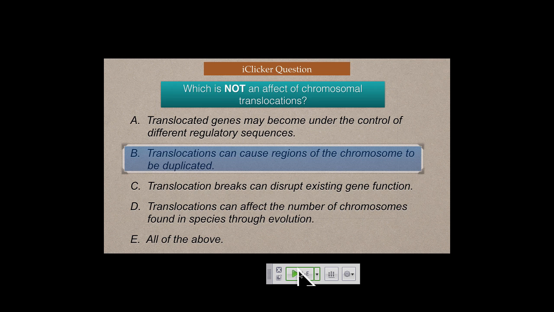But those are non-viable. But it doesn't ask if it's viable or not. Oh, it doesn't. Okay, good point. It doesn't cause duplications on the chromosome. This is where you get into the minutiae. It doesn't cause duplications of the sequences on the chromosome, but because of the pairing of the chromosomes, you can end up with the duplication.